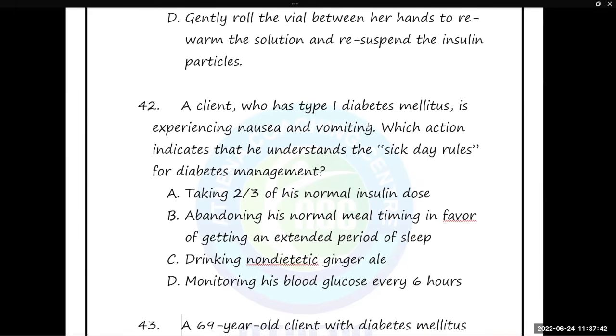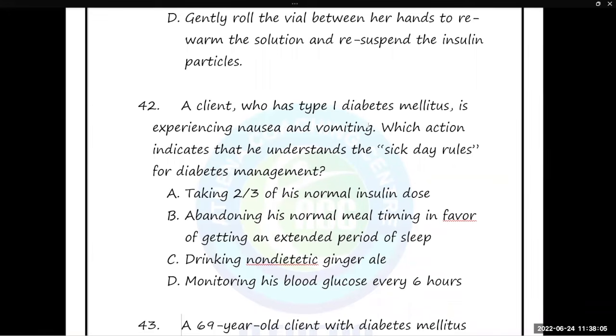Next I'm moving to the next question. See, why I'm explaining each and everything during the question discussion session is that it is like a revision. For someone listening for the first time, don't worry, we will discuss each and everything in detail when we discuss the respective topics.